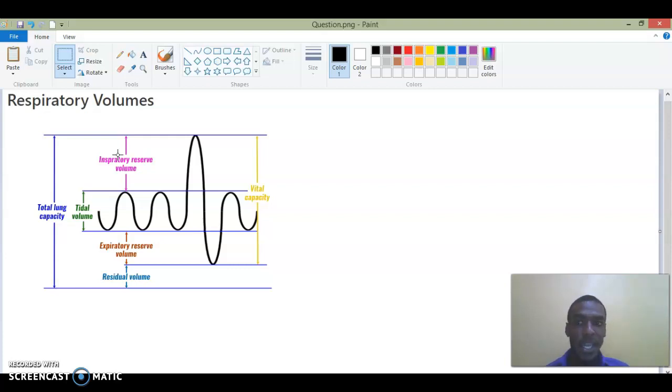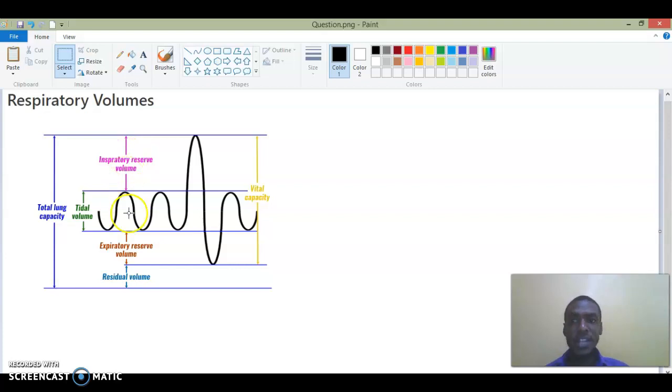So basically, if you should really try to breathe in, you would use up what is called your inspiratory reserve volume. We don't normally use it because we normally use the tidal volume, but the inspiratory reserve volume is there. It's the capacity that we can use if we really try to breathe in.